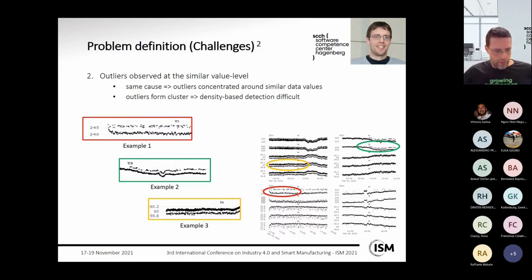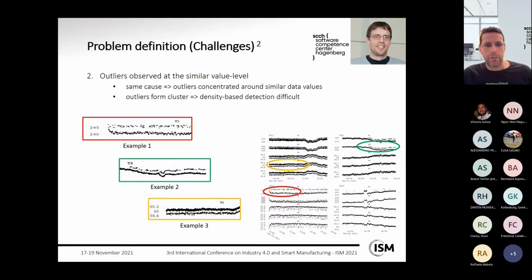Another challenge was that we very often could observe that the outliers appear on a very similar value level, like we see in these three examples, and this was simply caused by the fact that there was the same cause.